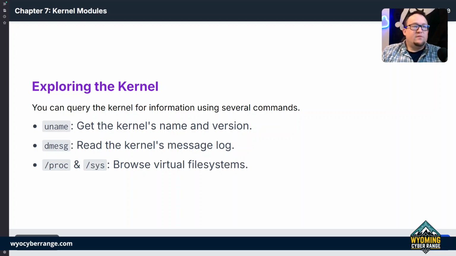Now we may want to browse the kernel space, and the kernel space is normally found in /proc and /sys. Those are the two locations where you'll find the kernel living. Under /proc, this is where we're going to find the CPU and RAM and other devices that are controlled 100% by the kernel itself.